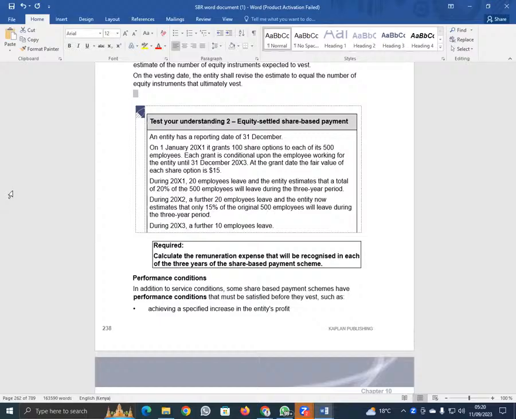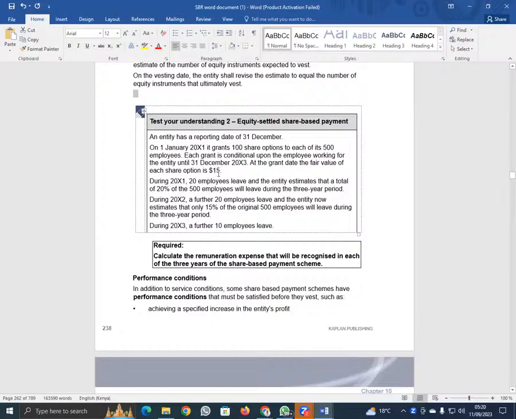And if it's an equity settled share-based payment, then, ladies and gentlemen, what I will have to look at is, at this date we are granting them this promise, what is the fair value as at this date? And we are told here at the grant date, the fair value of the option is 15. This is so important.